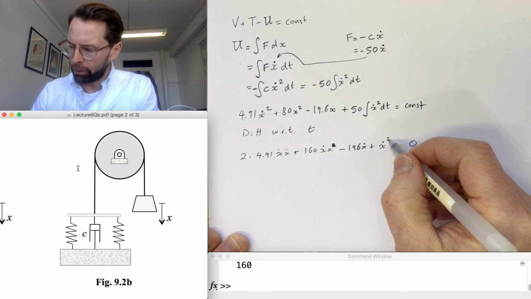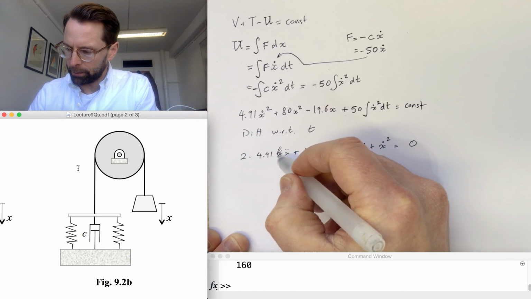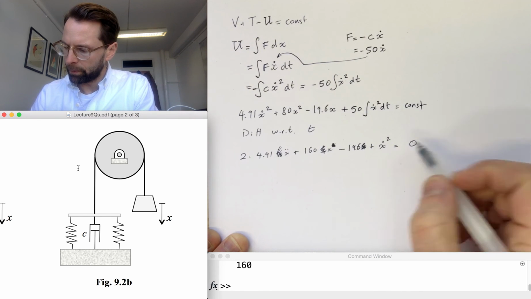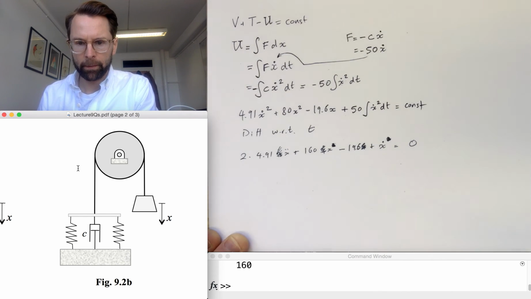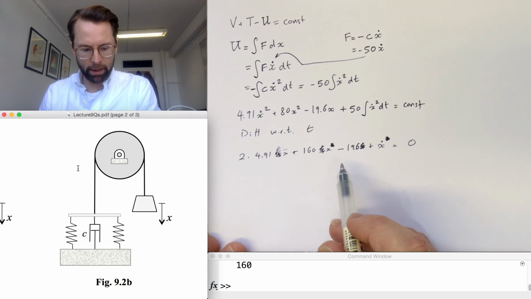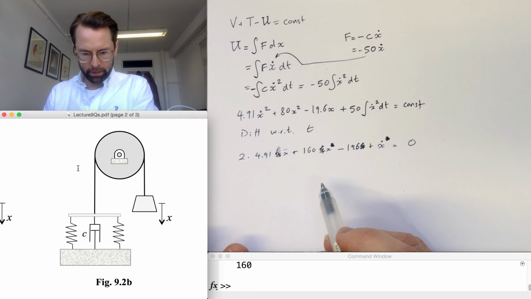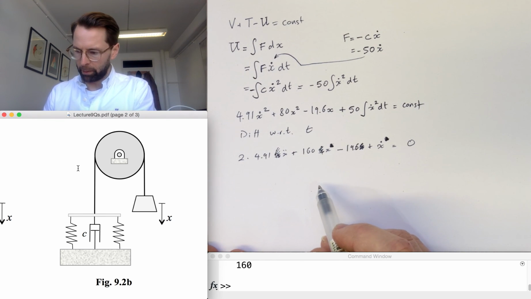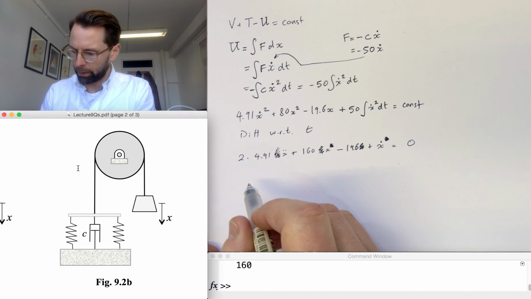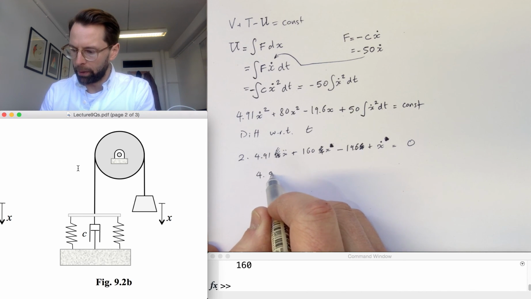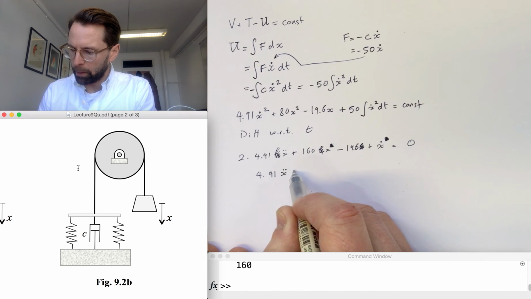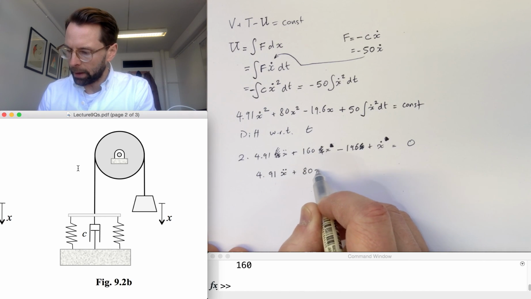Now we divide through by x dot. And what we're left with when we collect terms together is, again, similar to what we had before. I'm going to divide through by 2 again. So we'll get 4.91 x double dot plus 80 x.